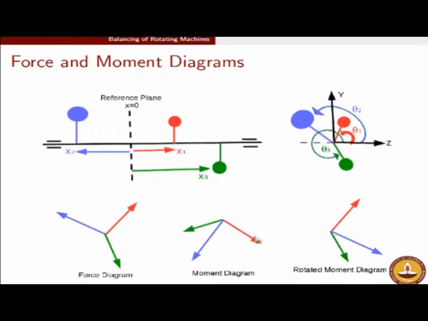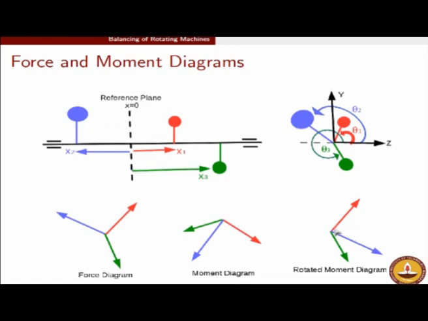So instead of working with this moment diagram where you always have to remember clockwise, counterclockwise, and there's a chance that we might confuse ourselves, I look at the rotated moment diagram. The rotated moment diagram is the one which I get by rotating this entire diagram by 90 degrees counterclockwise. When I rotate this entire piece 90 degrees counterclockwise, it looks in this fashion.